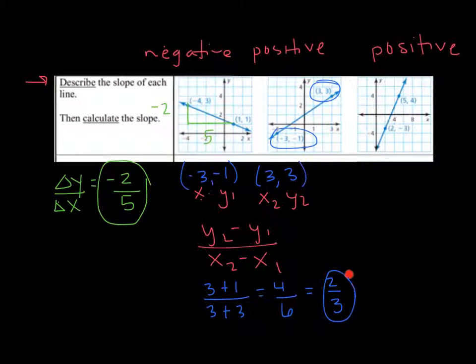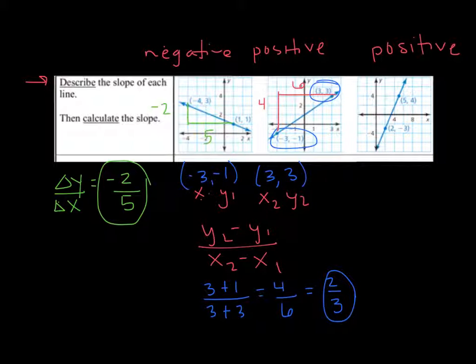Now I could always check to make sure I did my formula correctly when I have a graph by just using the slope triangle. So if I start on this point, how many would I have to rise? Well, I would have to go up 4, and then I would have to go over 6 to get in line with that point. So I know that my slope is 4/6, which reduces to 2/3.